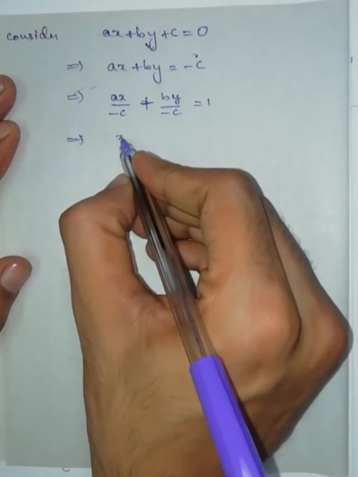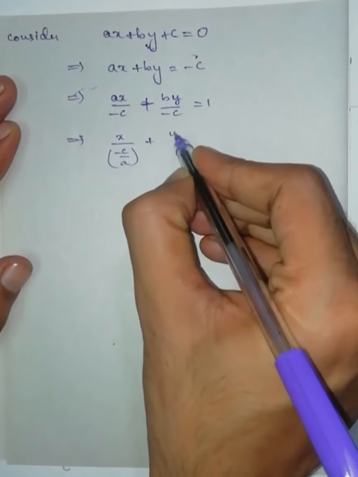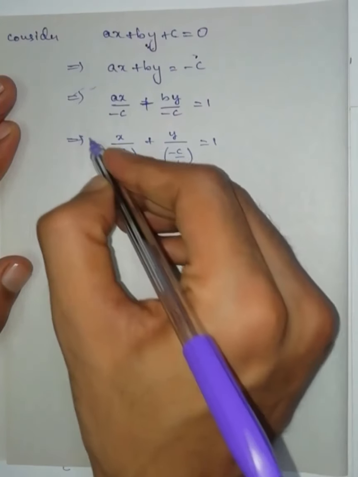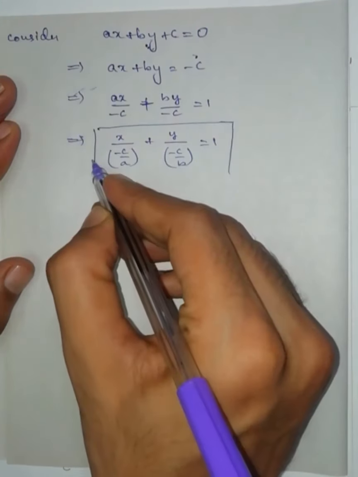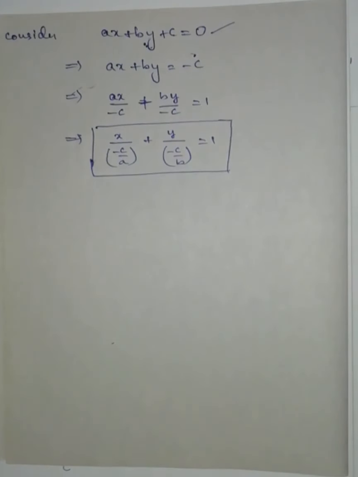This can be written as x by minus c by a plus y by minus c by b is equal to 1. This is the intercept form of the equation ax plus by plus c is equal to 0.